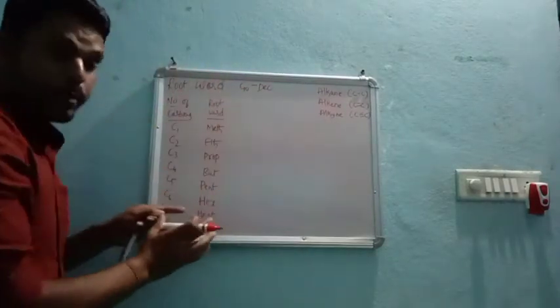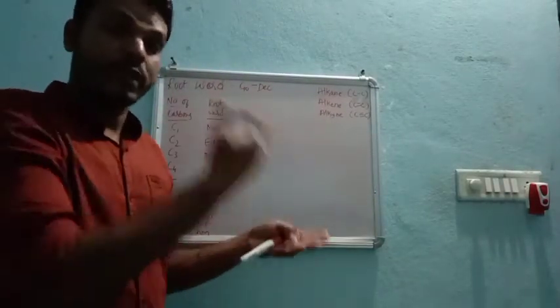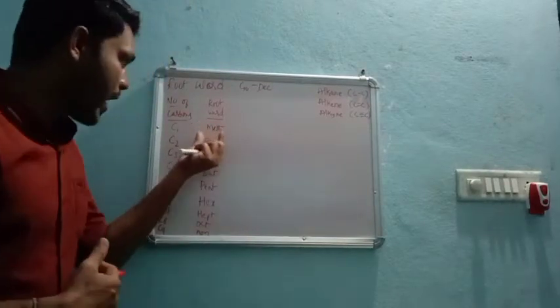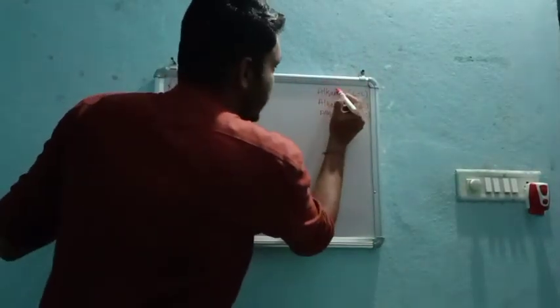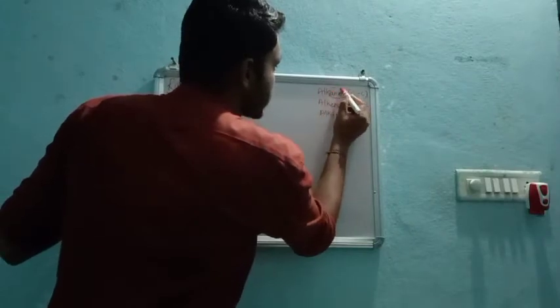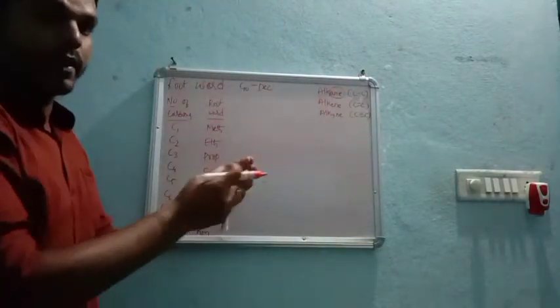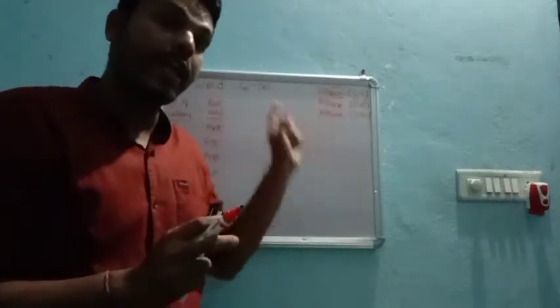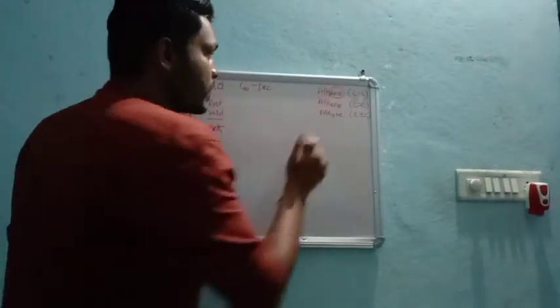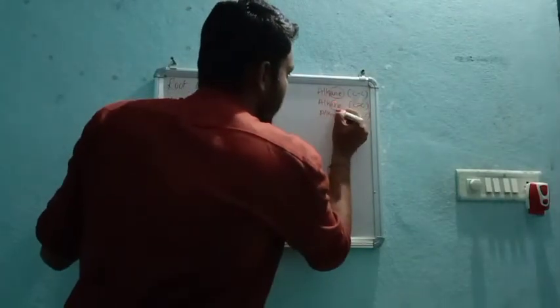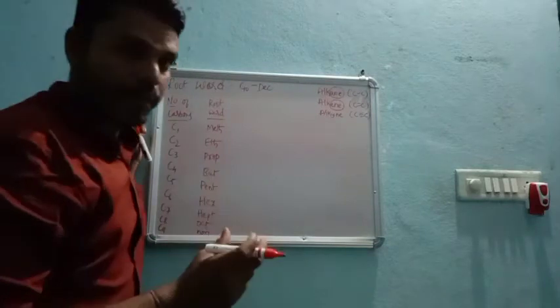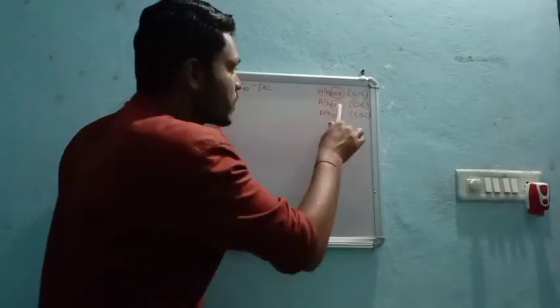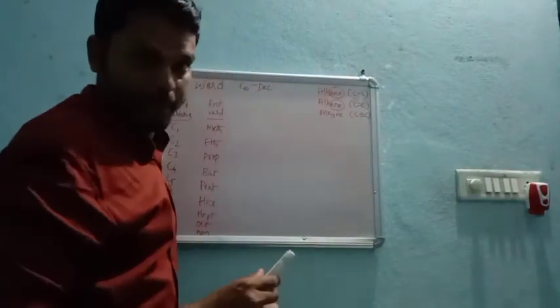These are the prefixes. Prefix means first. First we add these, and then the suffix. If a given compound has only a single bond between carbon and carbon, then we use the suffix ane, right? If the given organic compound has a double bond between the carbons, then we use the suffix ene.